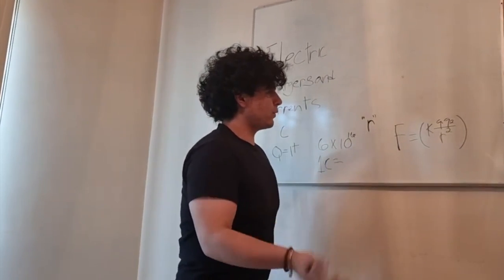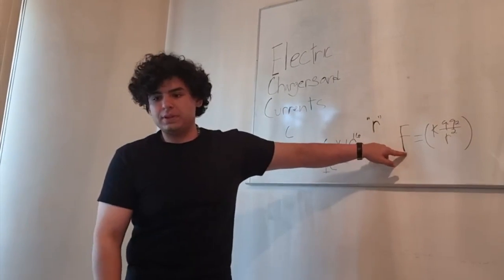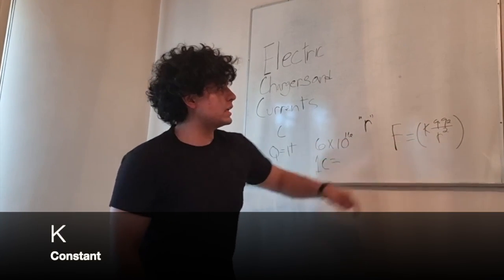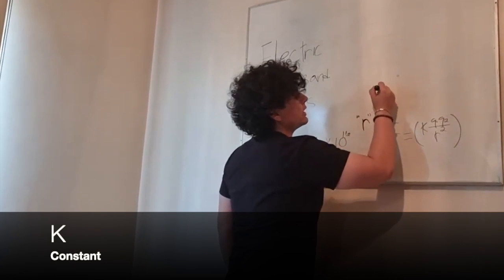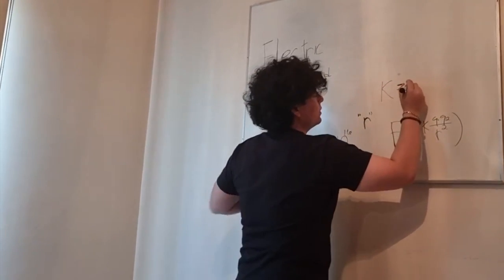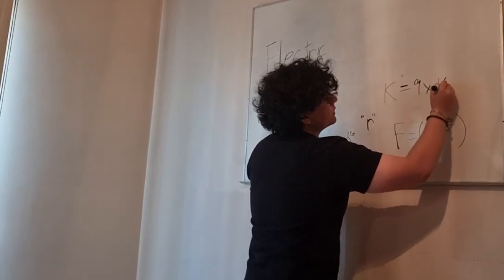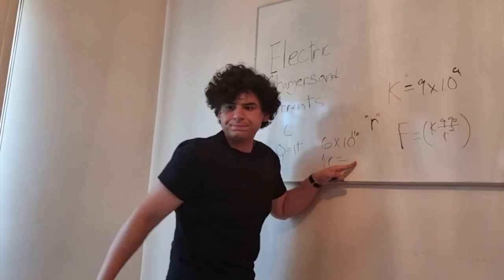Let me break it down for you. This is the force in newtons. This is the constant K. K is always a constant, and the value of K is always 9 times 10 to the 9th power.